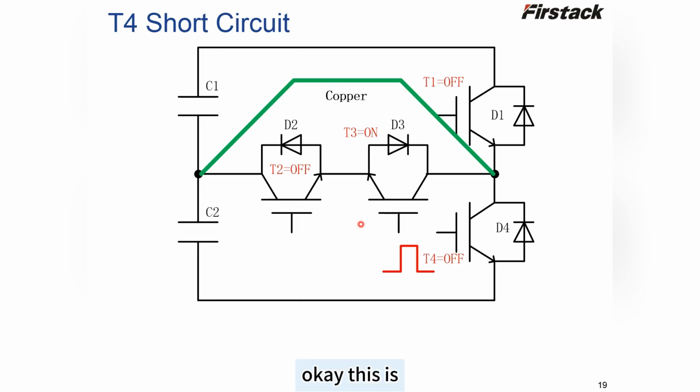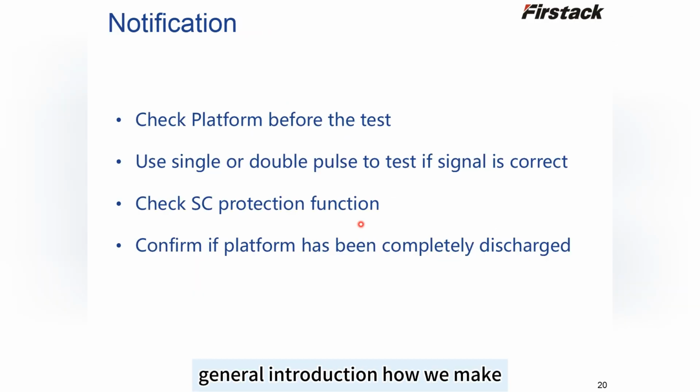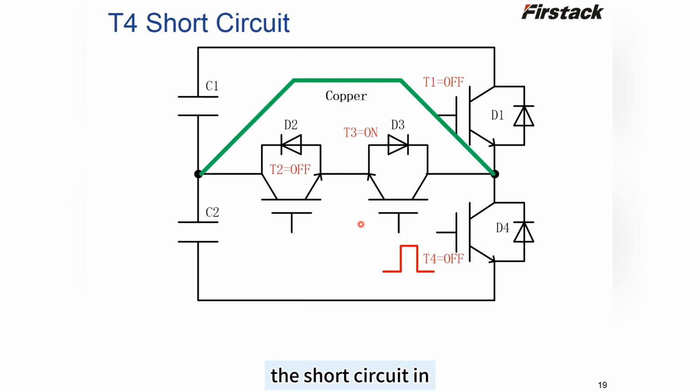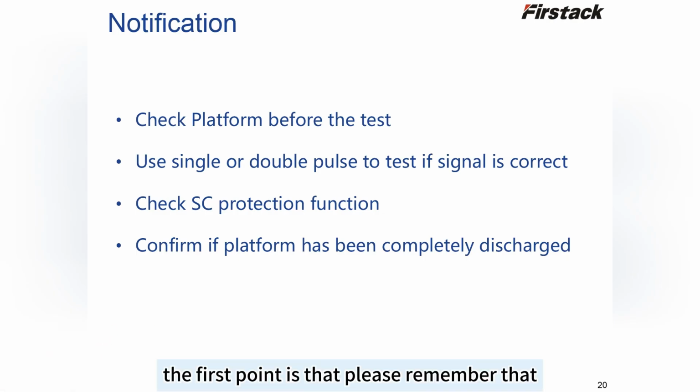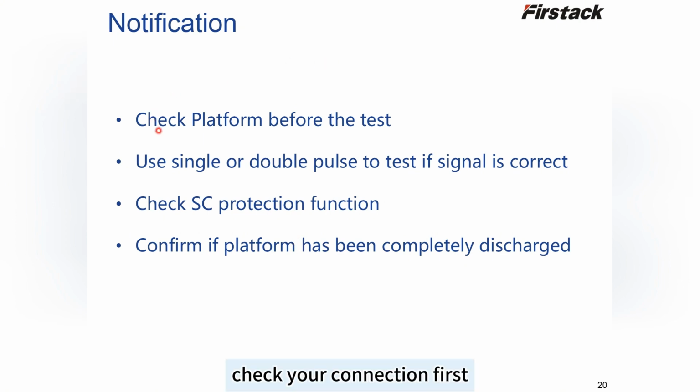Okay, this is a general introduction of how we make the short circuit test in a 3-level system. I hope you already have a general impression of it. Here, I want to give you some experiences from our daily work. The first point is that please remember that before you start increasing the DC voltage, check your connection first.